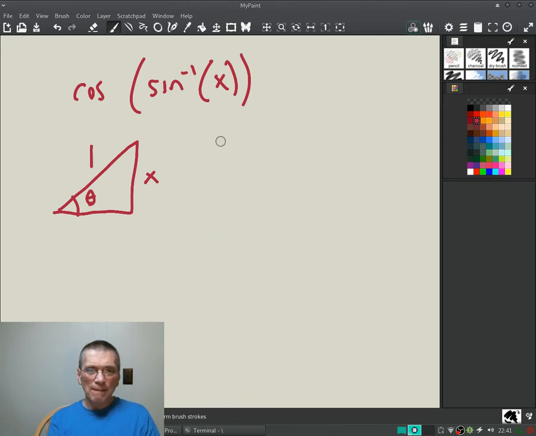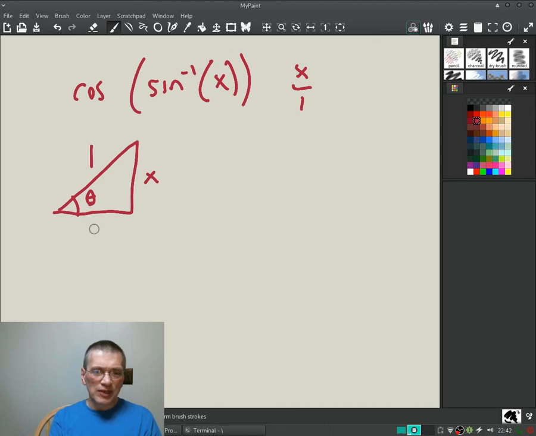Will you buy that? You can rewrite x as x over 1. So this is the angle which when you take the sine of it, you get x over 1, which is x.